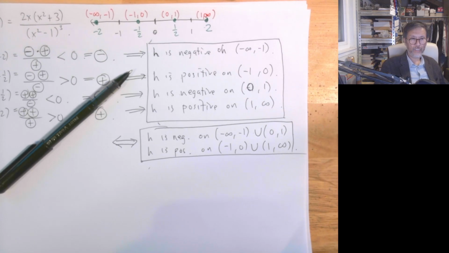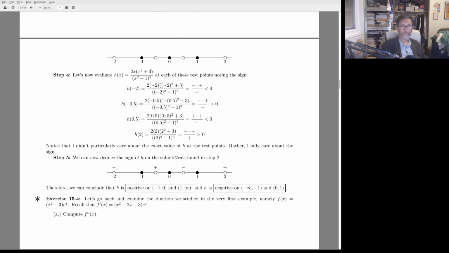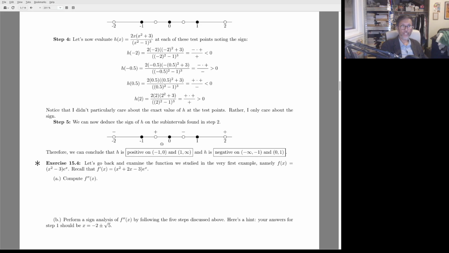Okay, let's see if we got the same thing in my document here. And yeah, so you can see I've computed the signs at the test points, and then I conclude that h is positive, again, on the entire subintervals that contain these test points.